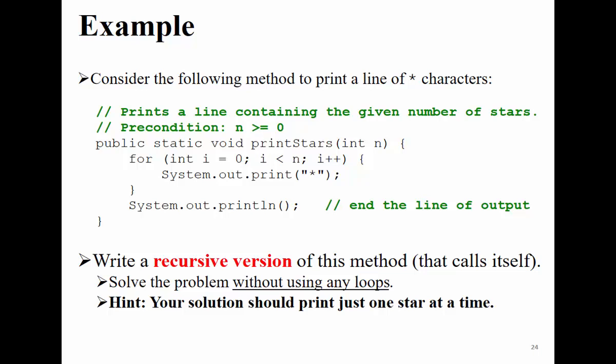You should solve the problem without any loop. That is also another constraint for lab number 6. Any solution submitted on lab number 6 where a loop is used receives 0. So you have to make sure that lab 6 is all implemented recursively without using a for loop or while loop.